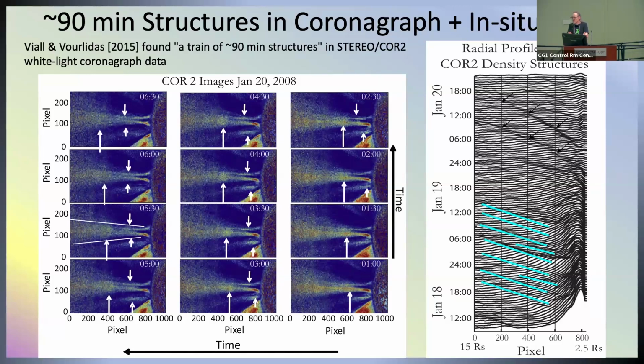I mean, there's a ton of structure in the fast wind as well, but it's a different kind of structure. It's more waves, more turbulence, more pristine kind of wind that was just accelerated and had a smooth ride out from the open field regions.